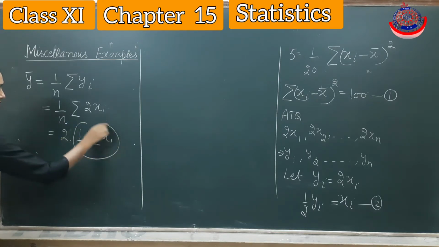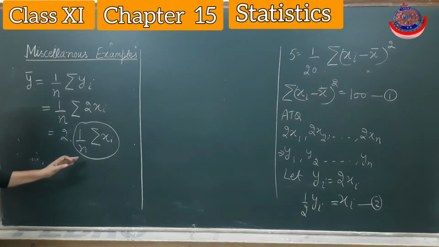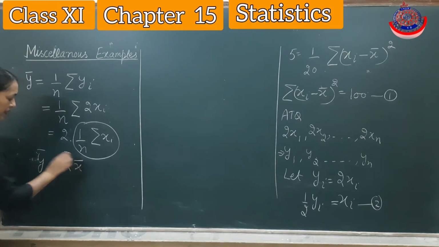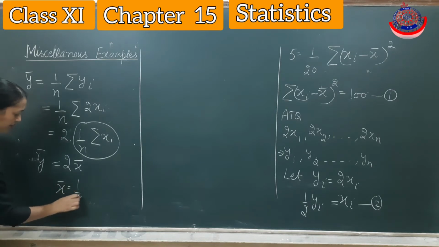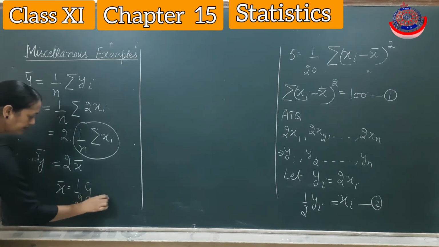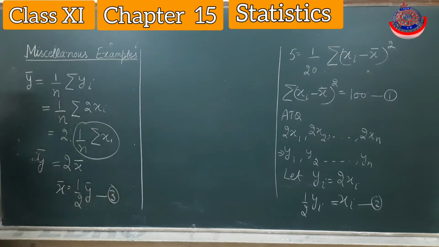What is this? Sigma xi upon n means x bar. So we have obtained y bar is equal to double of x bar, or we can write x bar is equal to half of y bar. Let it be the third equation.